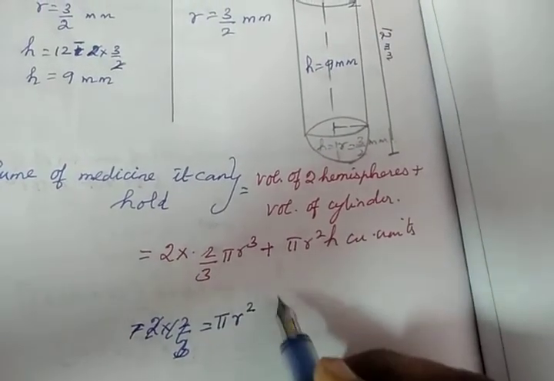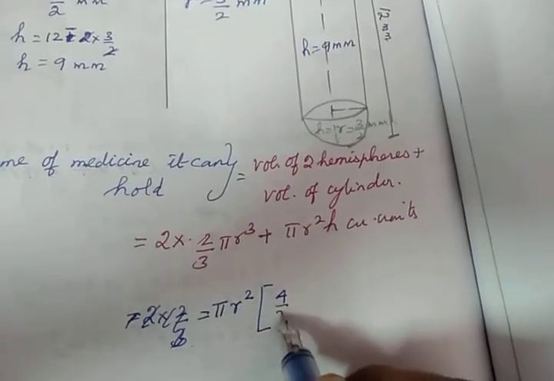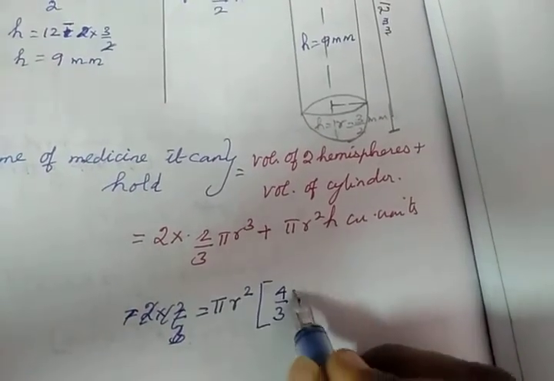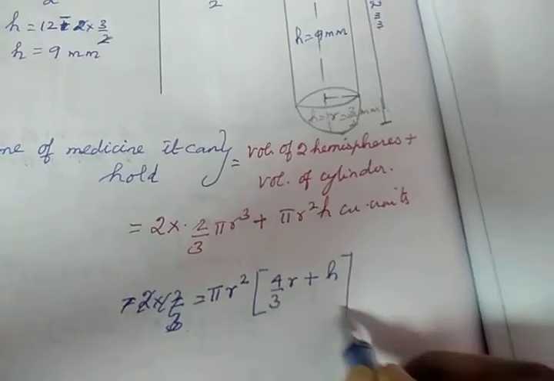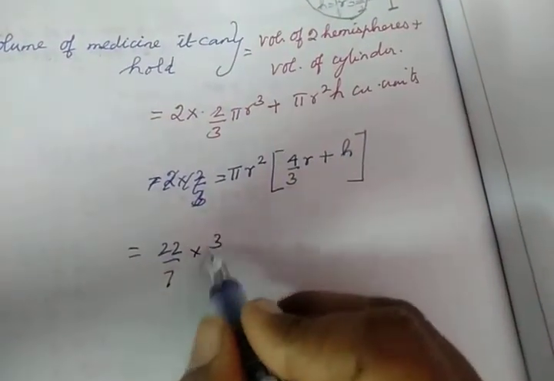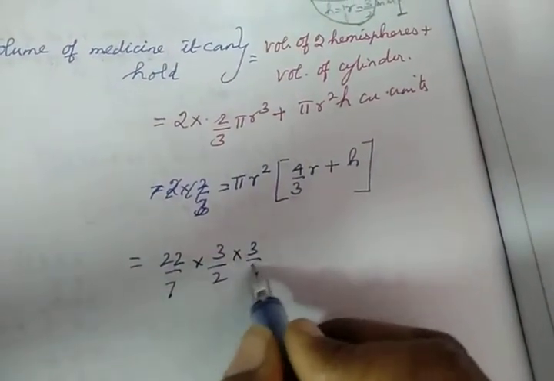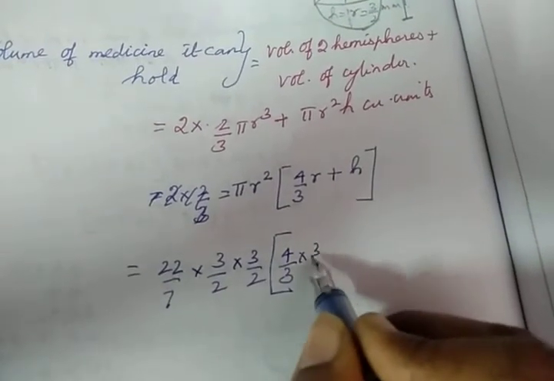Remaining 2 twos are 4, so 4 by 3 into r for the hemisphere, and here h will be there. So it equals 22 by 7, r squared is 3 by 2 into 3 by 2, into 4 by 3 into r, 3 by 2.